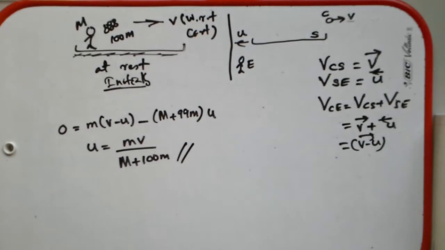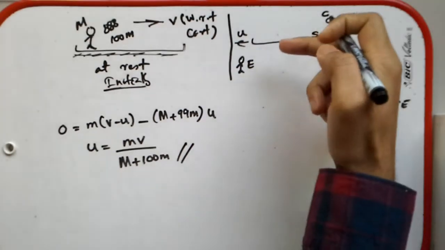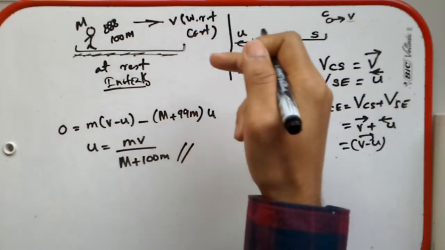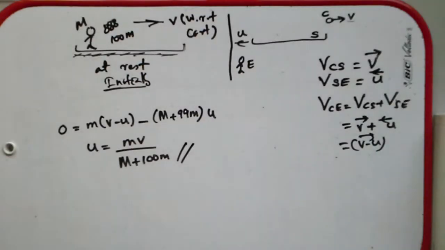This is the velocity of the cart in the negative x direction when he throws the first marble. Now remember this, mv by M plus 100 m.